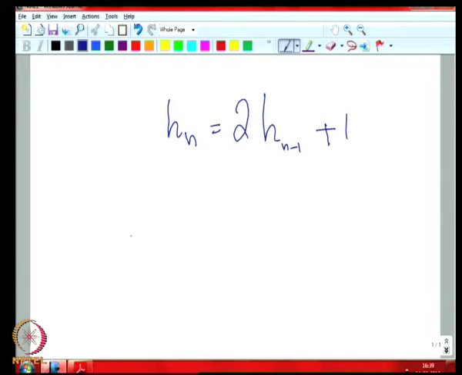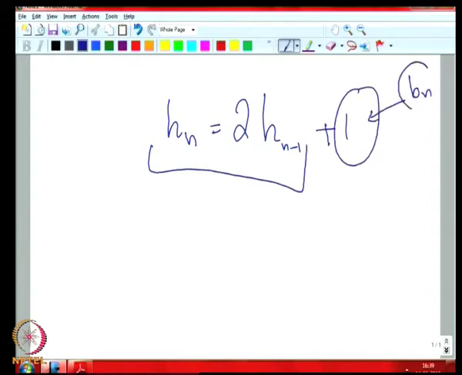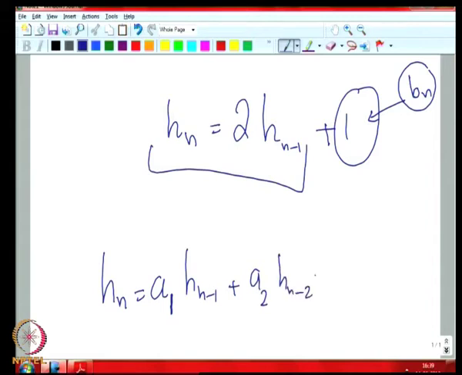This is that Bn, remember, when we formulated our kth order recurrence relation as Hn equal to A1 into Hn minus 1 plus A2 into Hn minus 2 plus finally Ak into Hn minus k plus Bn.